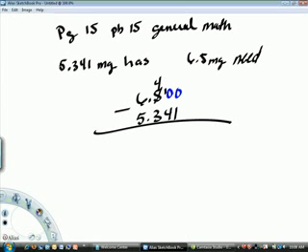Then you give it to the next one over, and then since you still need 1, you make that a 9. And this becomes a 1, so 10. And so when you do the subtraction, you get 9, 5, 1, 1. Right. That's how many more milligrams of the chemical she needs.